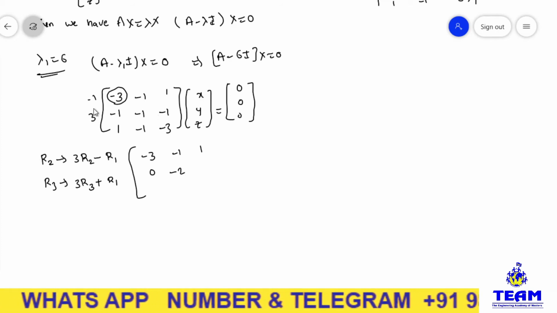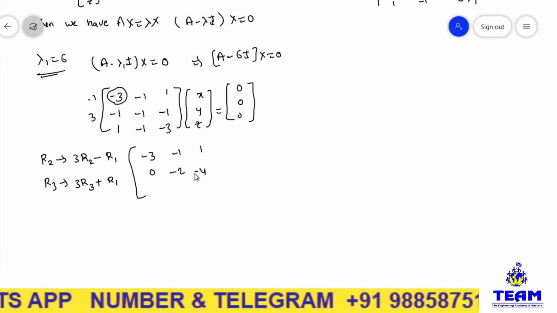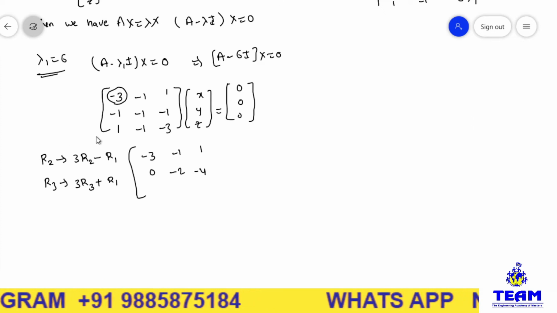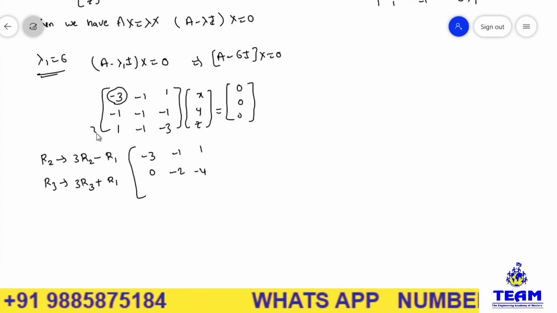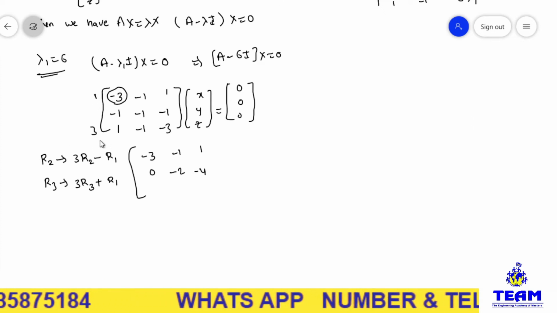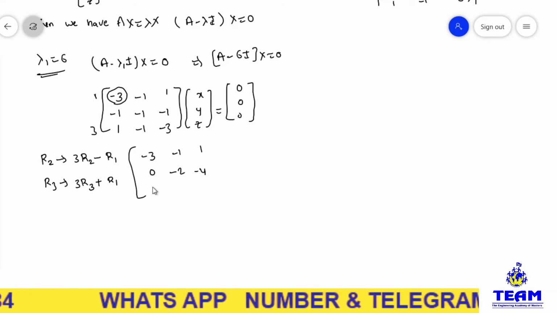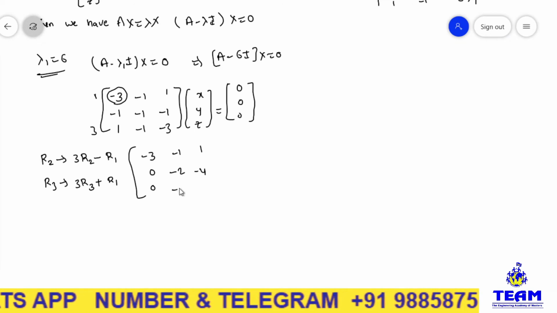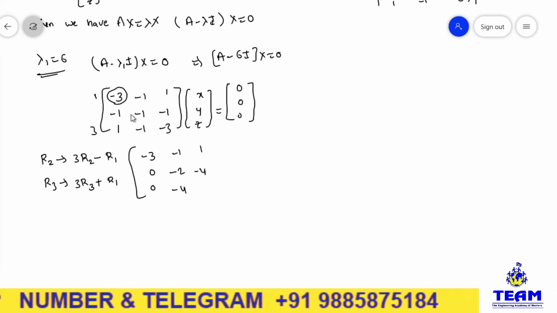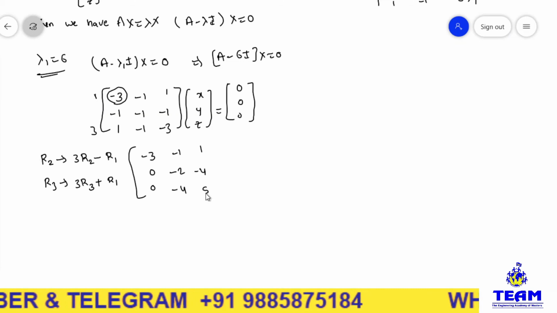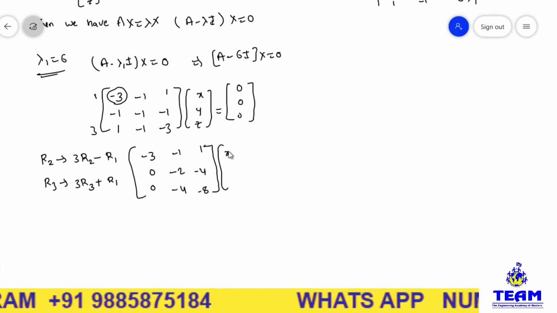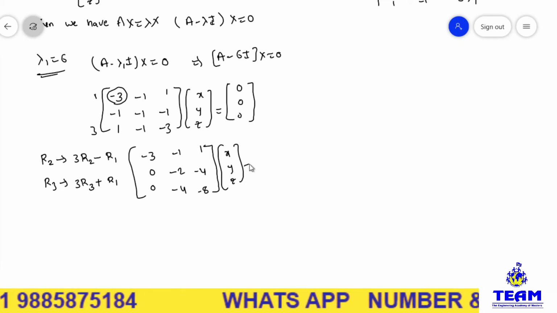Next, this is minus 3 minus 1, minus 4. Coming to the third row, here I am multiplying by 3 and here by 1. So 3 times 1 is 3, 3 minus 3 is 0. Next, minus 3 minus 1 means minus 4. This is minus 9 plus 1, which means minus 8, into x, y, z is equal to 0, 0, 0.